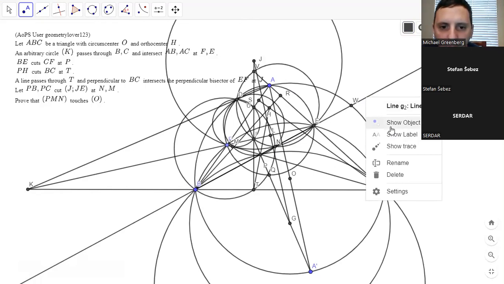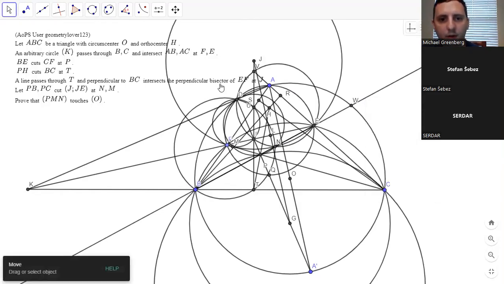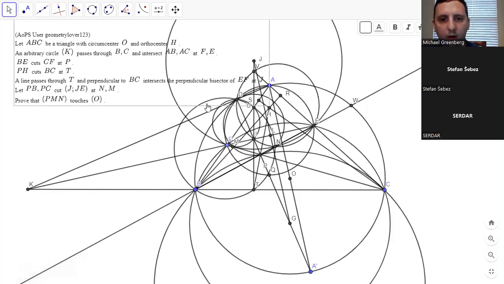Thus N is on that circle. No, N is on the circumcircle of DUTB. Okay, so this one is cyclic. And then by the spiral similarity, you prove that N is on that circle.